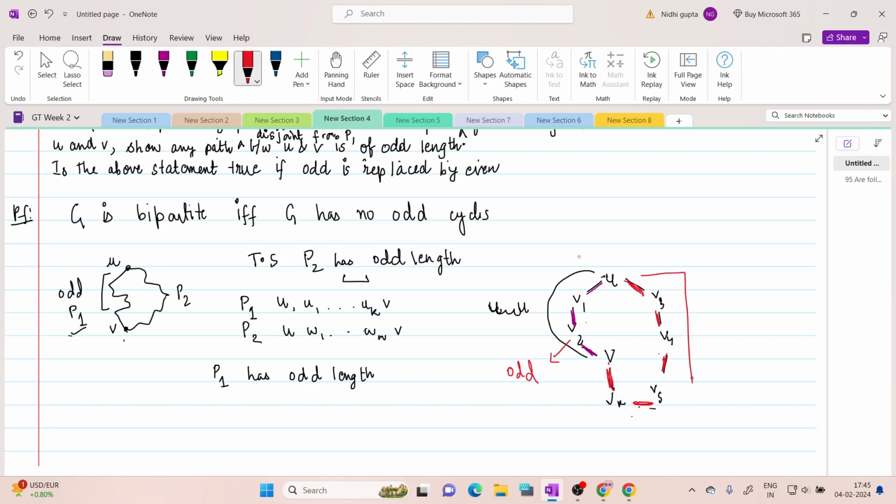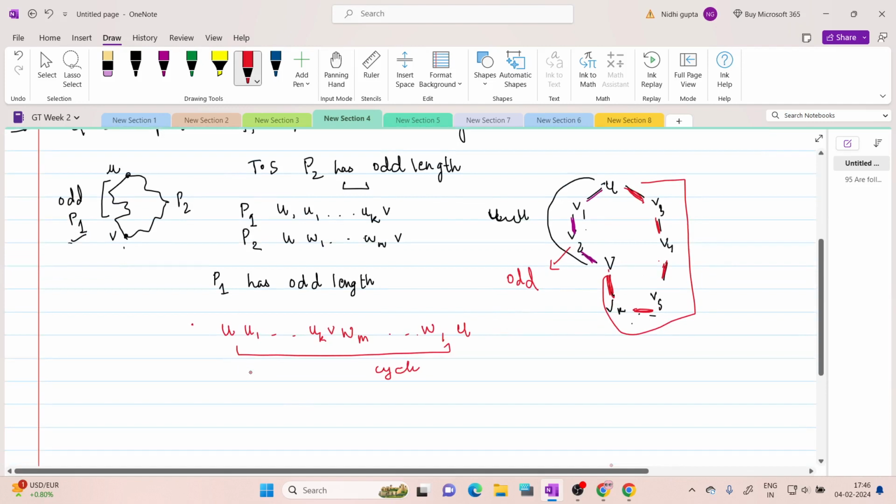So if I go from U, U1, UK, V, and then I go in reverse along P2, that is WM till W1, U, I am getting a cycle. And we know that this cycle should be of even length.